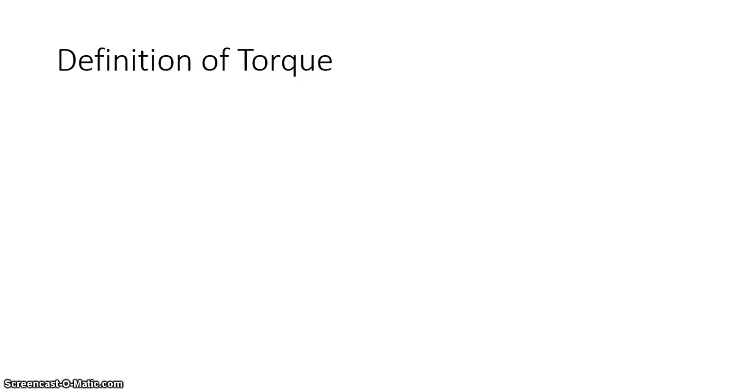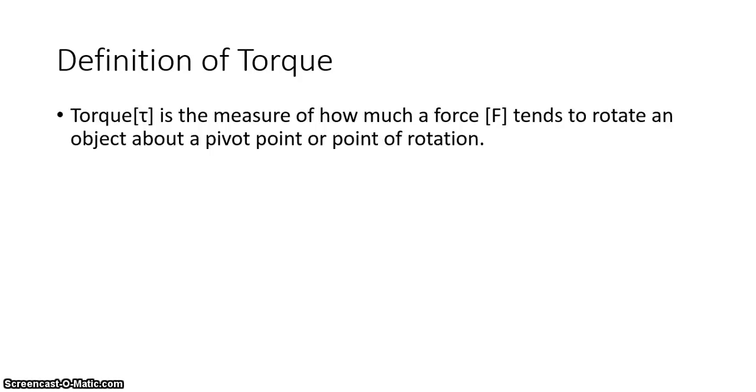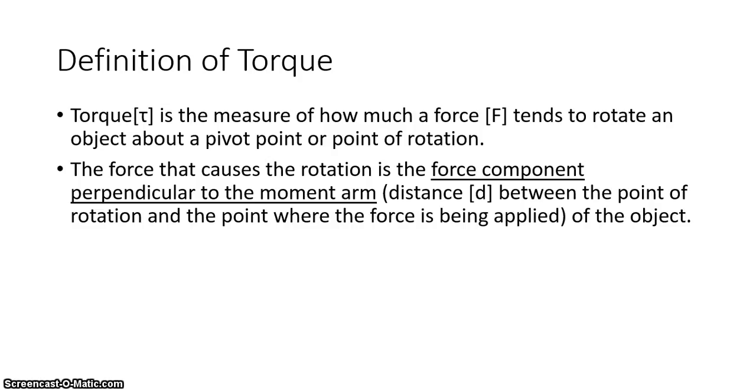Okay, so let's go back and refresh our memory as to what exactly the definition of torque is. Torque again, and we use the Greek letter tau to represent torque, is a measure of how much a force tends to rotate an object about a pivot point, or we can call that pivot point a point of rotation. And if you recall, we said that the force that causes the rotation is really the force component perpendicular to the moment arm.